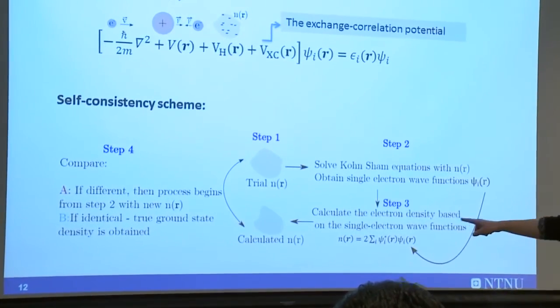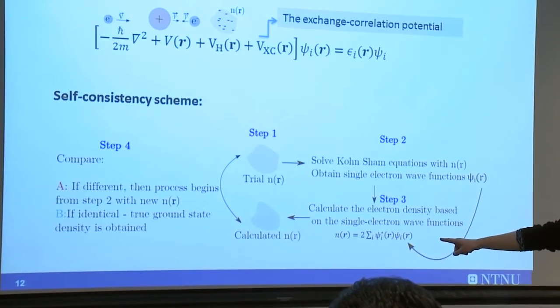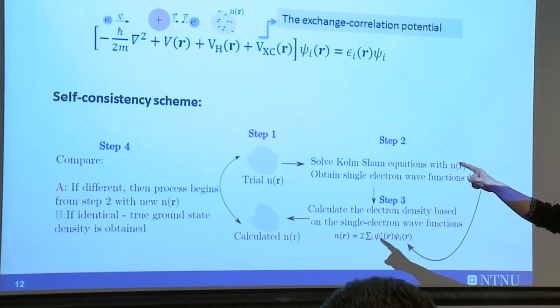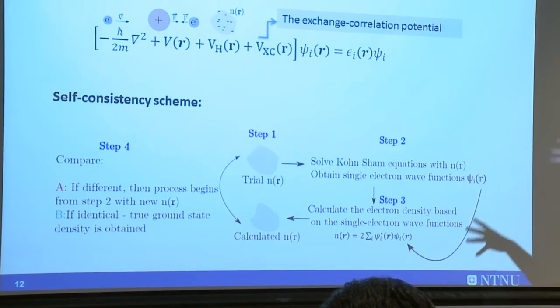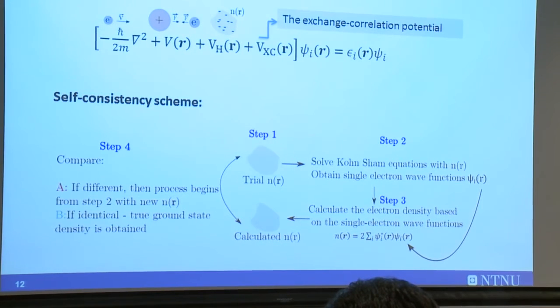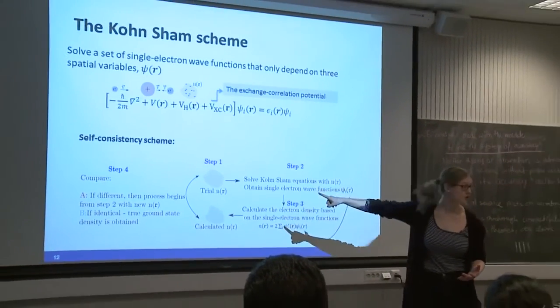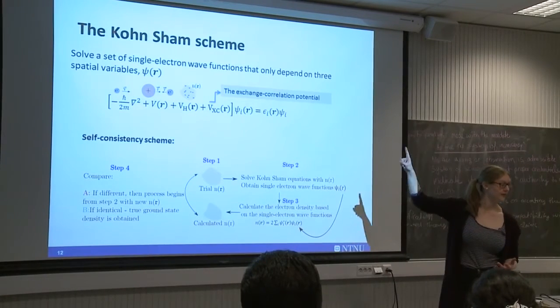And if the electron density we got out was the same one as we guessed and put in, then we have self-consistency in our loop. So that means that we obtain the true ground state. If it's not the same, then you replace your electron density, put it as a new trial, and then just loop through again.